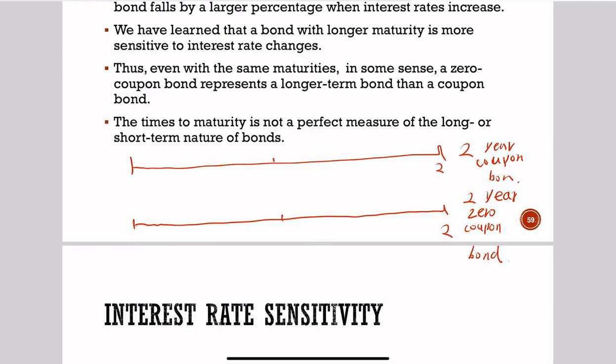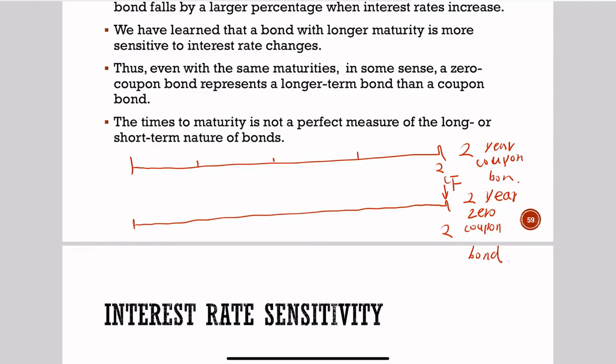Now, what you can see here is the second bond is a zero coupon bond. So you will only get a cash flow here, right? So let's write this as cash flow. What about the 2-year coupon bond? Well, you will have 4 cash flows, right?